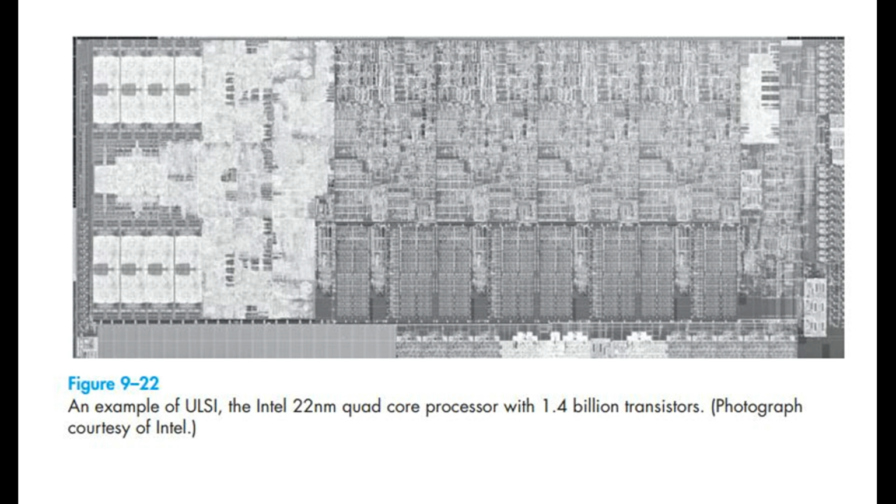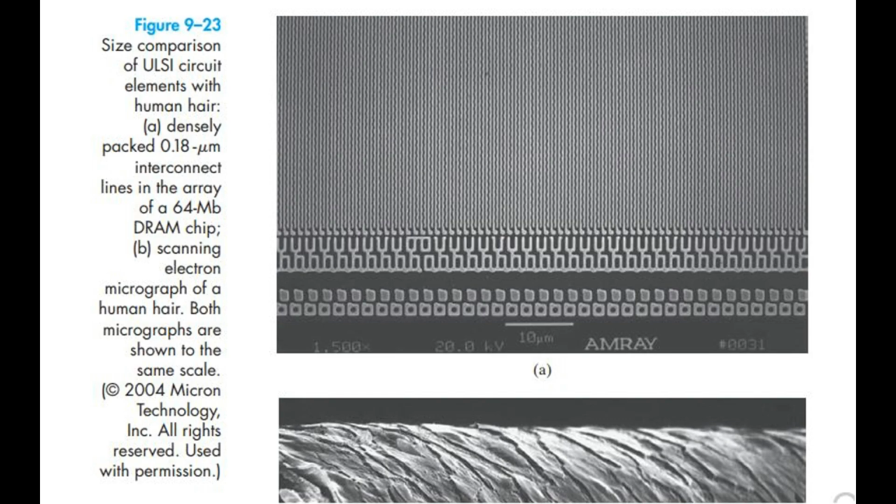Figure 9.22, an example of ULSI, the Intel 22 nanometer quad-core processor with 1.4 billion transistors. Photograph courtesy of Intel. Figure 9.23, size comparison of ULSI circuit elements with human hair.